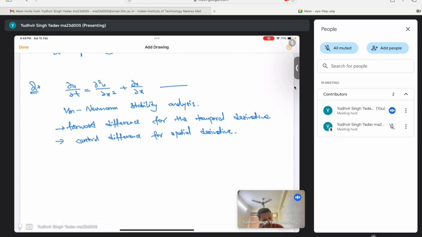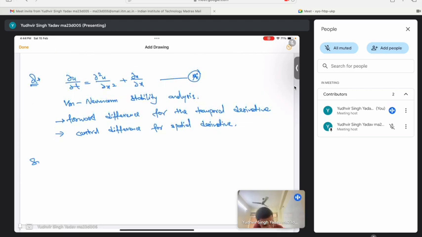So this is the given question: we have to solve this given partial differential equation. First we have to develop a difference scheme using forward difference for the temporal derivative and central difference for the spatial derivative. Then we have to check using the von Neumann stability analysis whether the scheme is stable, unconditionally stable, or unstable.